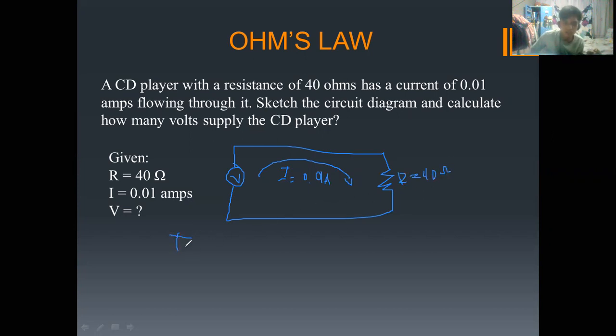Saka yung formula ng Ohm's law is I equals V over R. Para makuha natin yung V, cross multiply lang natin yan. V is equal to I times R. Then, substitute lang natin yung mga value: 0.01 multiply by 40 ohms.